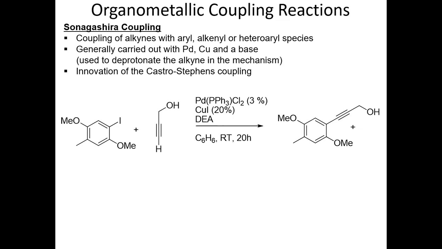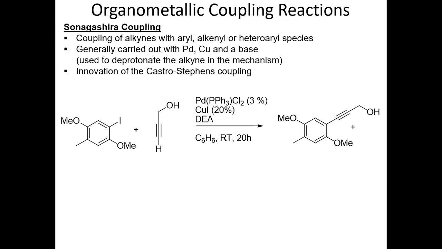All right. So the base is going to pull off the proton on that alkyne, which has a pKa of about 24 to 25. If you have a strong enough base, then you can definitely deprotonate that.